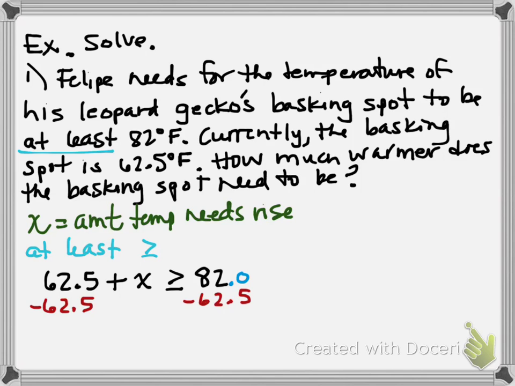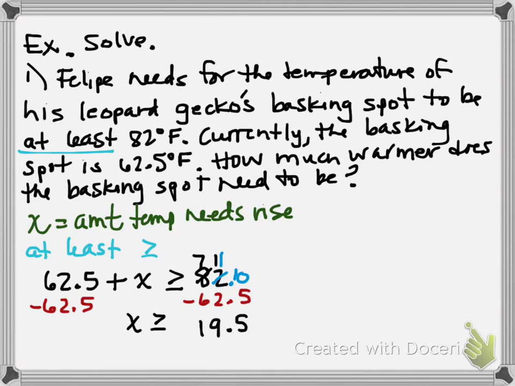And I can't do 0 take away 5, so I'm going to rename this 2 into a 1 and change the 1 that I took and put it into 10/10. All right, so now I'm going to start doing some subtraction. So I get x is greater than or equal to, let's see, we get a 0.5. Oop, I have to rename again. And we get 11 take away 2 is 9, and 7 take away 6 is 1.